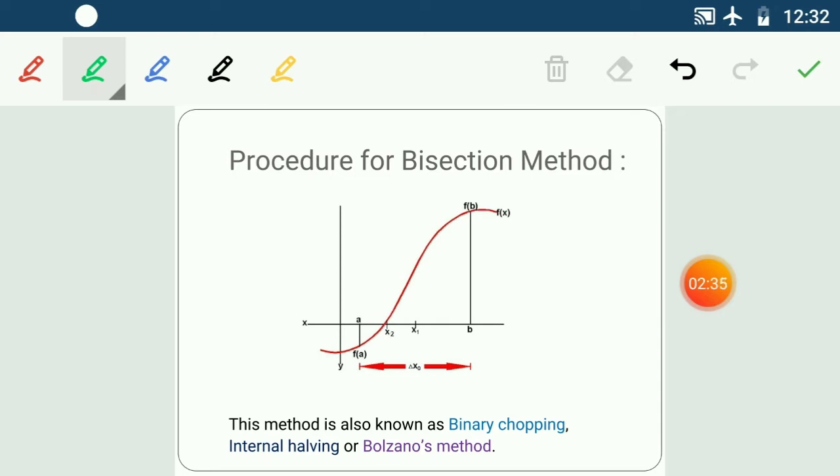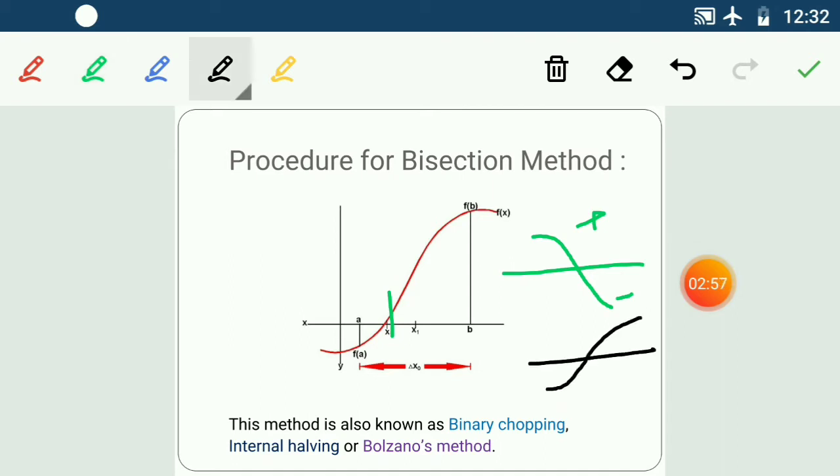We have to check where it cuts the x-axis. If a line is cutting another line, that means it is going either from positive to negative or from negative to positive. This is for sure; only then will it cut that axis. Here also we are taking the same basic step.